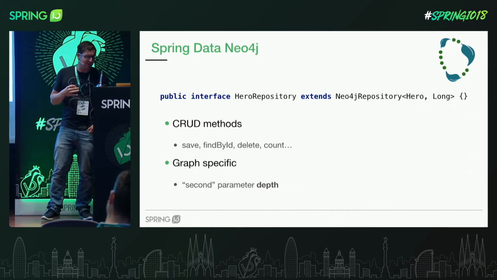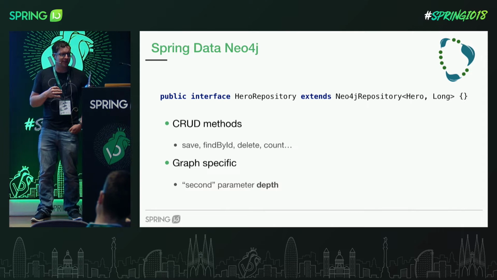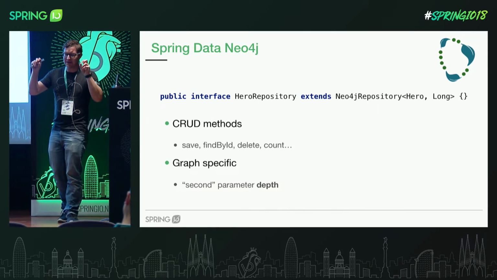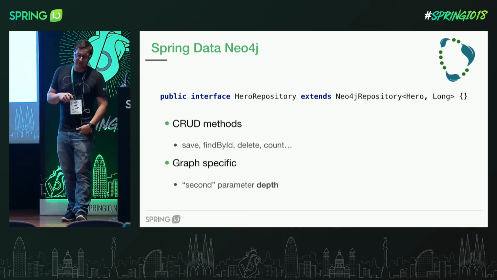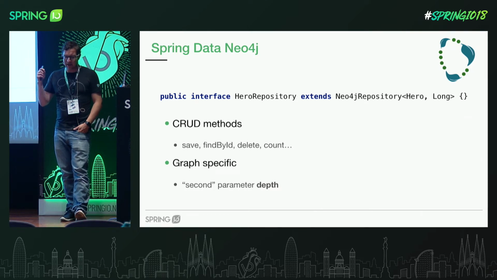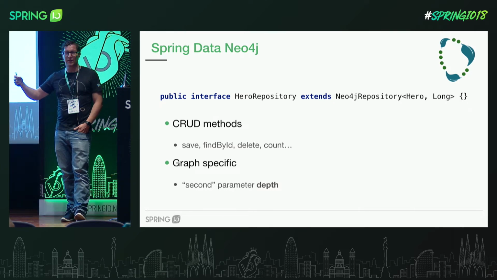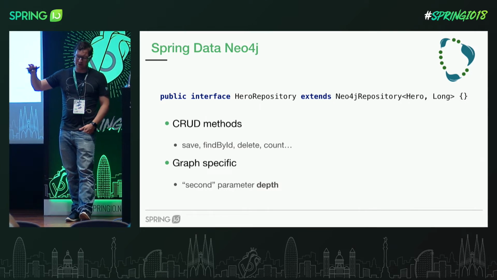But the graph-specific part in this case is that we have, I would call it, a second parameter: depth. You can extend every method with an extra parameter, and this is the search depth.